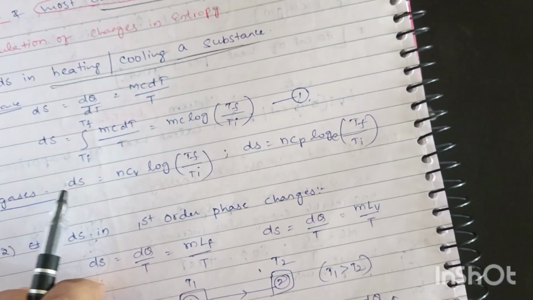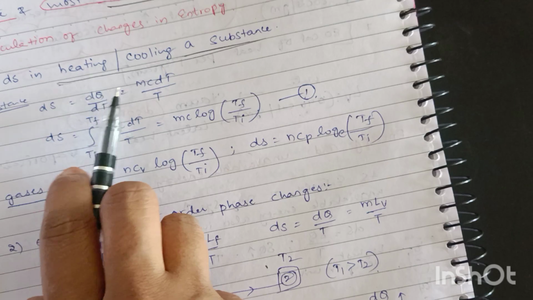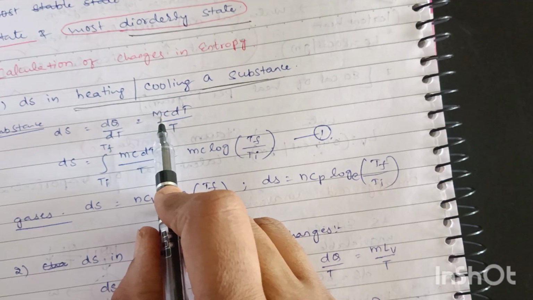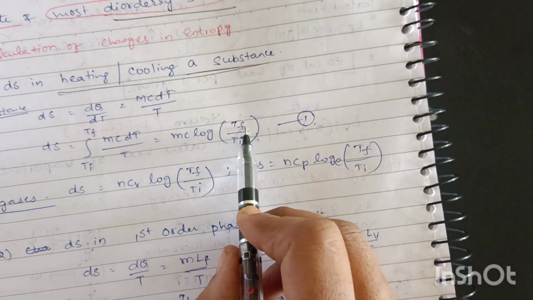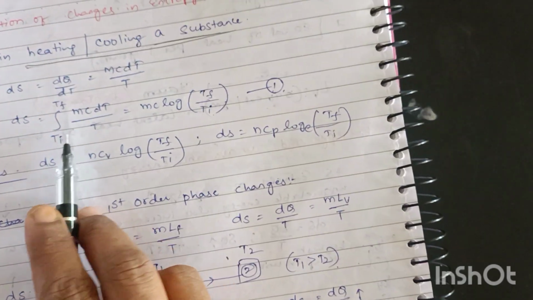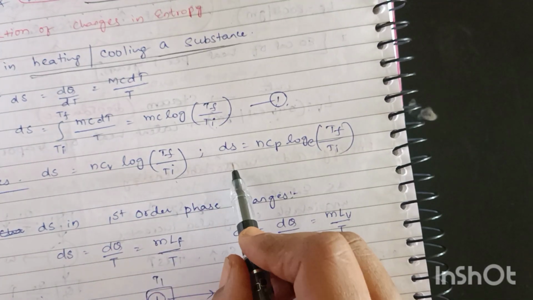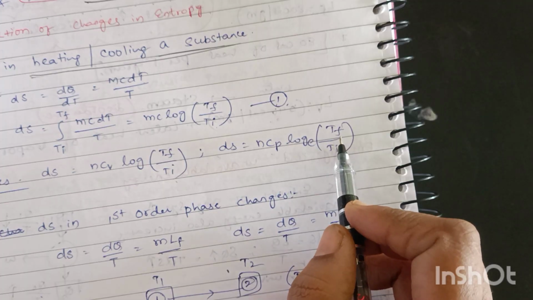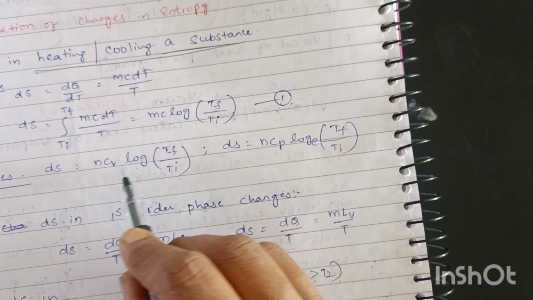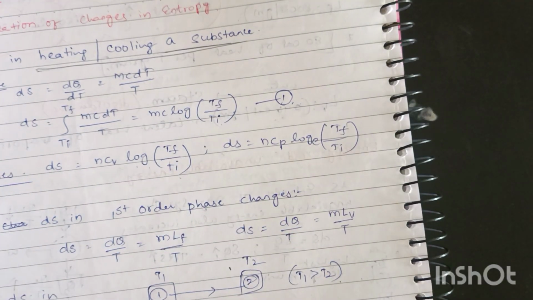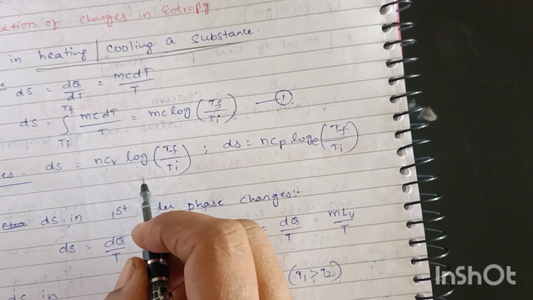For heating or cooling a substance, the equation for dS is dS equal to dq by T actually. For dq, the heat equation for a substance is m c dT. So dS equals m c dT by T. If we integrate this, we get m c log Tf by Ti. This is for substances. For gases, dS equal to n Cv log Tf by Ti, and dS equal to n Cp log Tf by Ti. For work, dq, dU, we have n Cv dT.